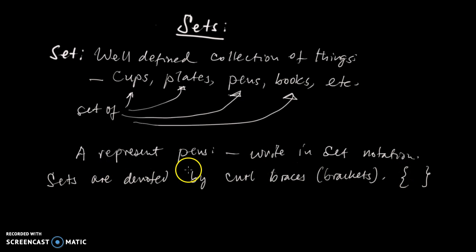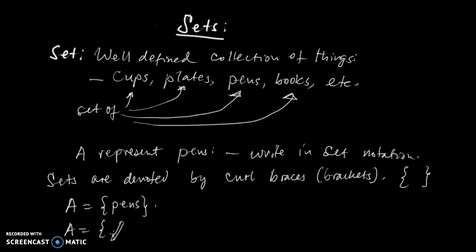So when we say that A represents pens, in words we can say A is equal to curly bracket, then we say pens, like this. If we have to put it in pictorial form, we can put A is equal to, and it depends how many pens they have, but we can draw these pens here.